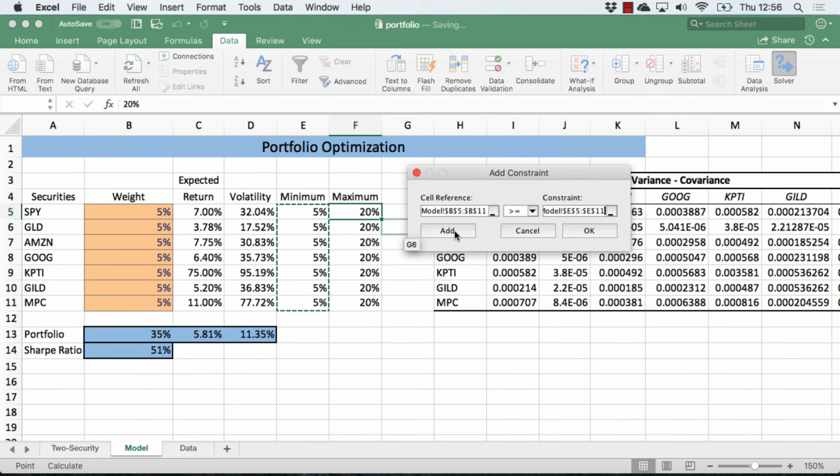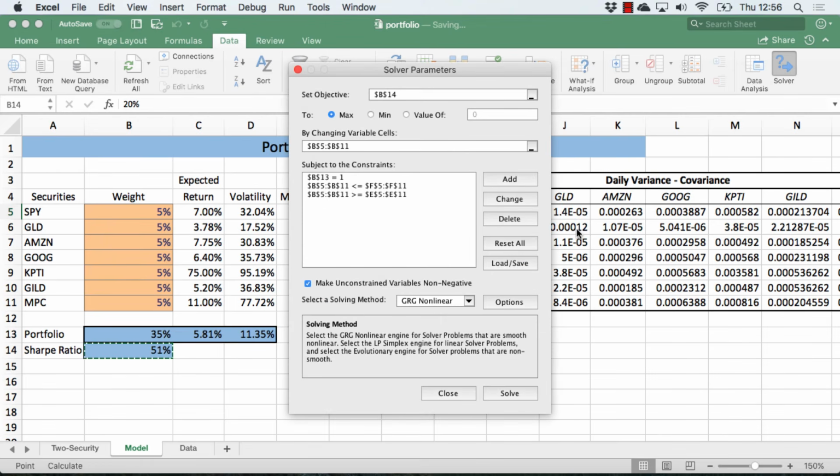And then we're going to make sure that we invest no more than 20% in each security. Then we automatically have the non-negativity constraints here, so that would be one more constraint. With that done, we're ready to solve for our optimal portfolio.